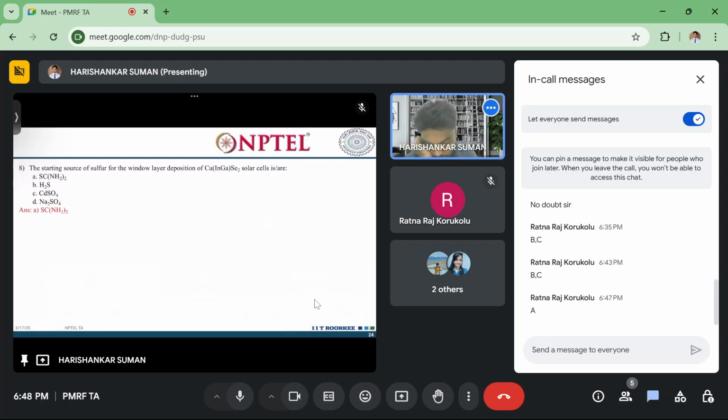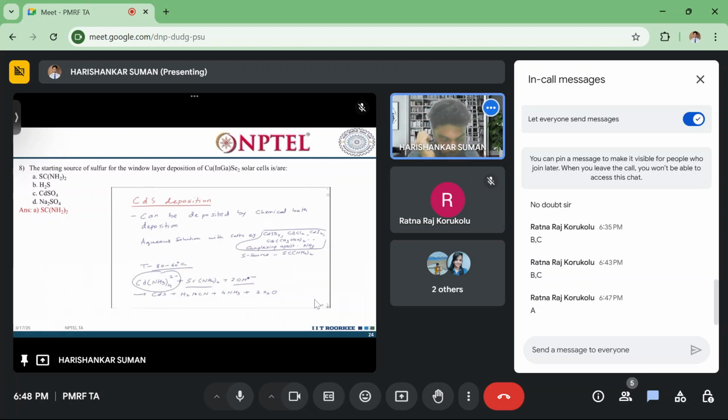Okay, A, you are right. So cadmium sulfide can be deposited by chemical bath deposition.